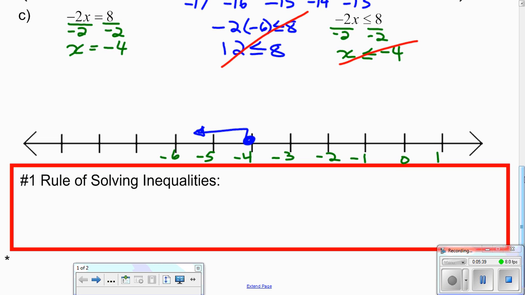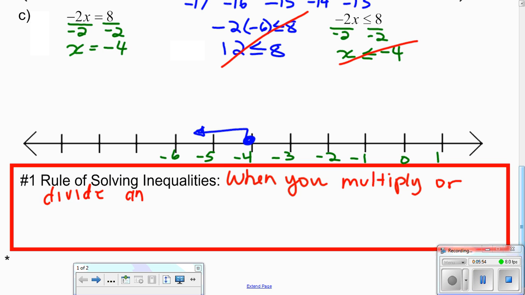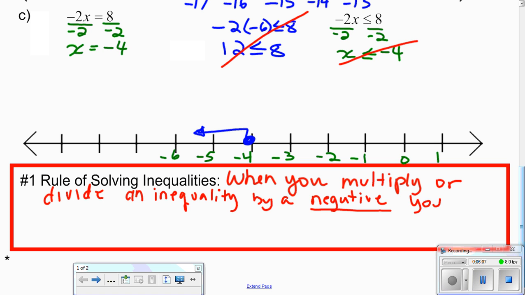And our first rule of inequality says that when you multiply or divide an inequality by a negative, you must flip the inequality sign.